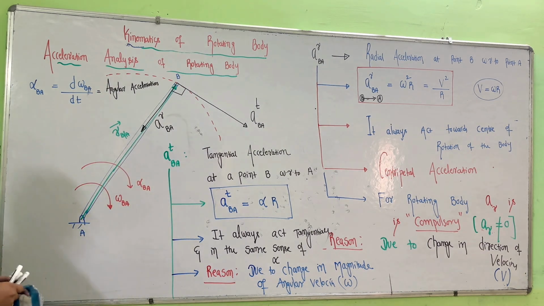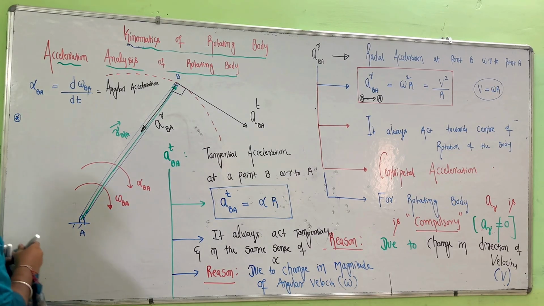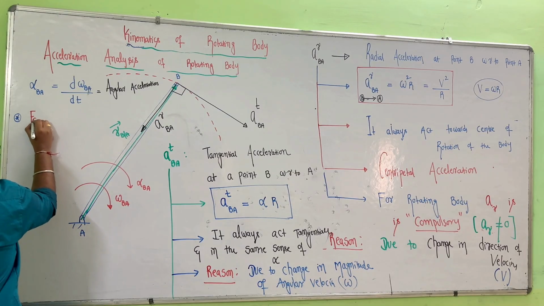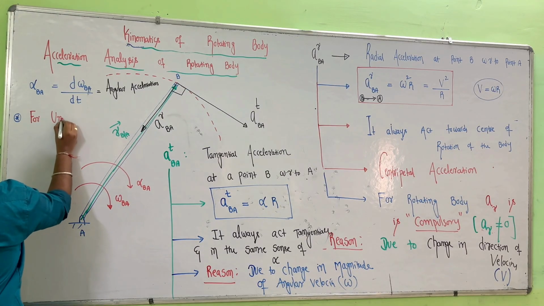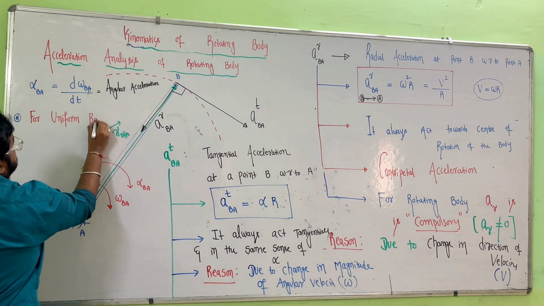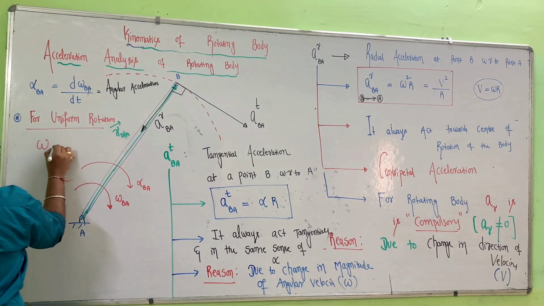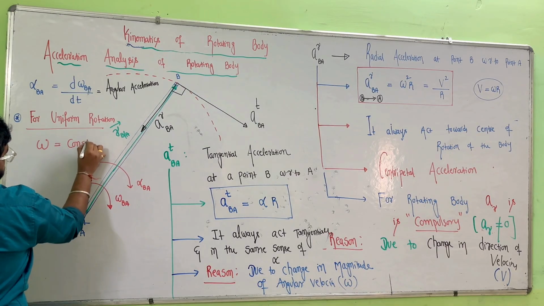So for uniform circular motion or uniform rotation, omega must be constant.